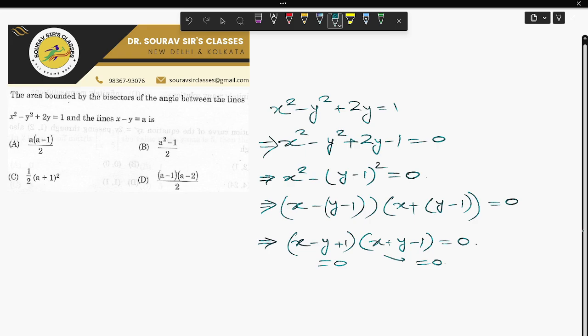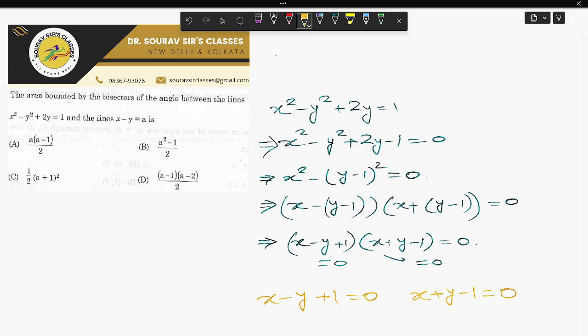So these lines pass through their intersection point, which is found by solving x minus y plus 1 equals 0 and x plus y minus 1 equals 0.